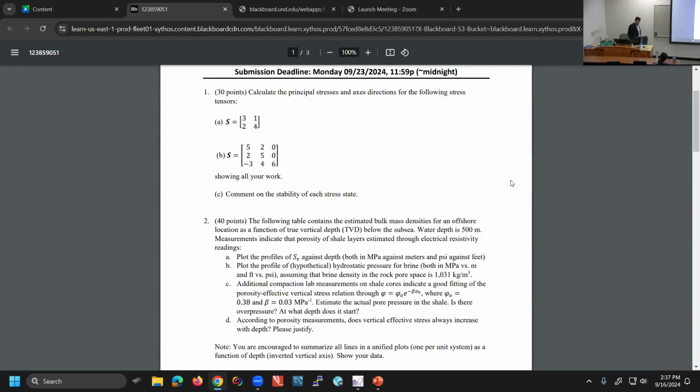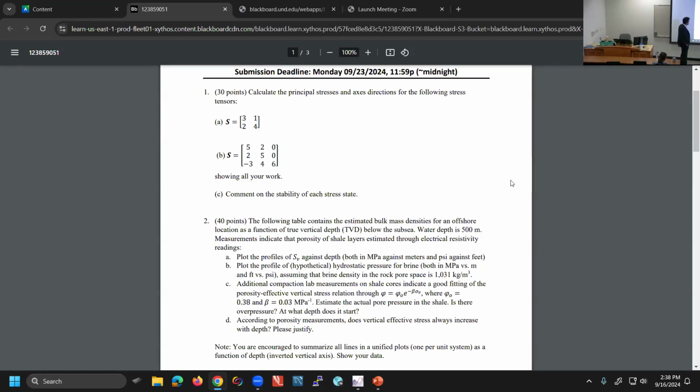Measurements indicate the porosity of layers estimated through electrical resistivity readings, and we will talk about that today and Wednesday. You are asked to plot the profiles for SV versus depth in MPa and psi. So MPa against meters and psi against feet.